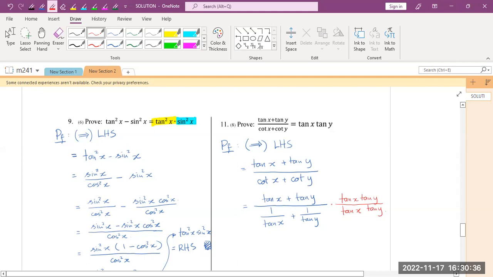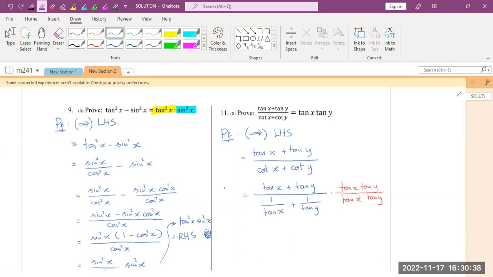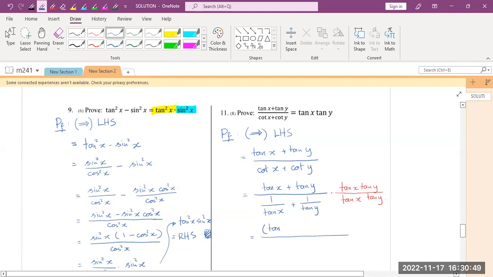Okay, now doing so, on the top, I don't want to multiply that in, just leave it like that. So this is tangent x plus tangent y times tangent x, tangent y. If you want to distribute that in, that's okay, but I will just leave it like that.